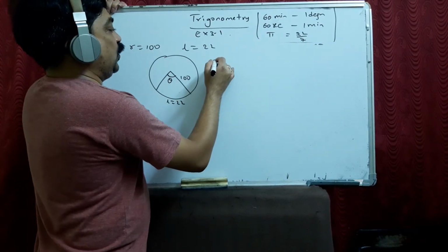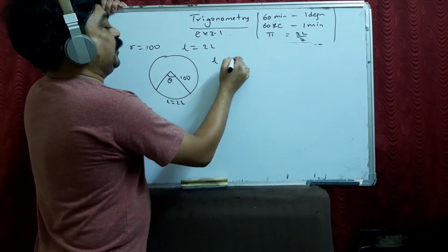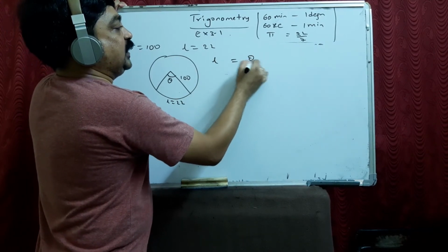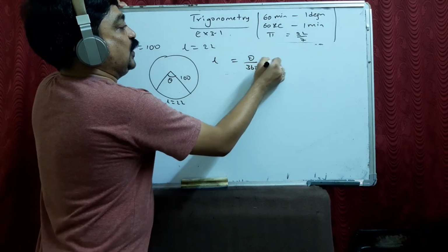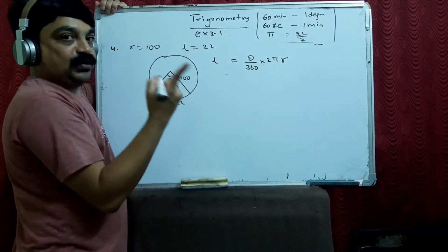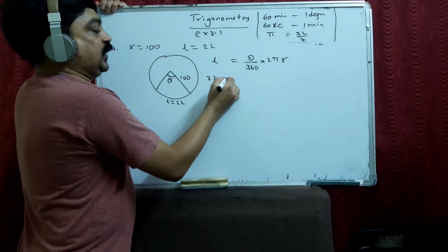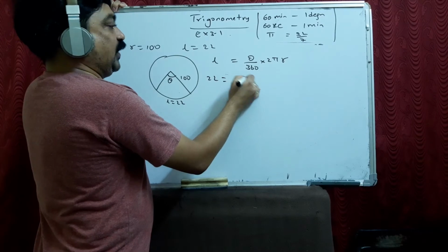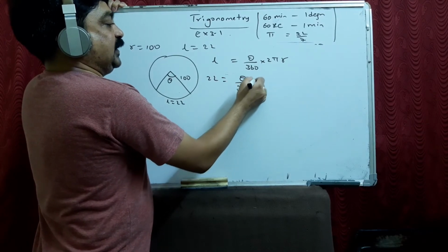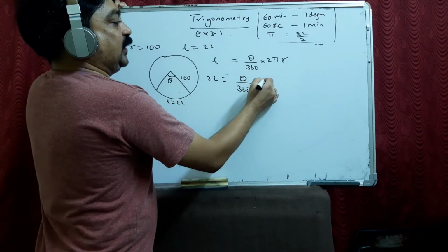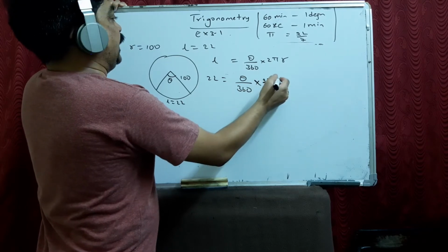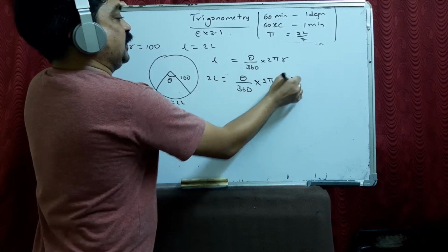So what is the formula of L? L is equal to theta by 360 into 2 pi r, according to your 10th grade concept. 22 equals theta, which we have to find, by 360 into 2 pi into the radius, which is 100.